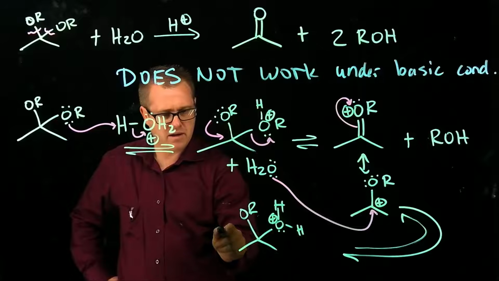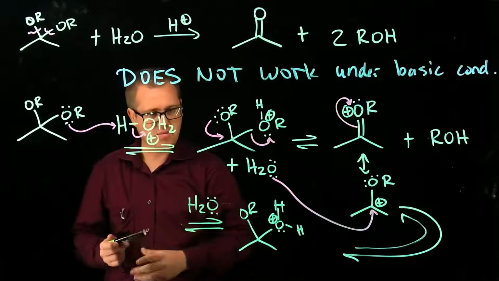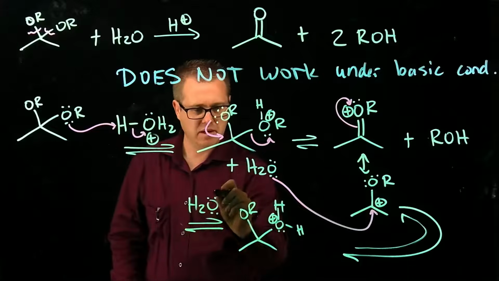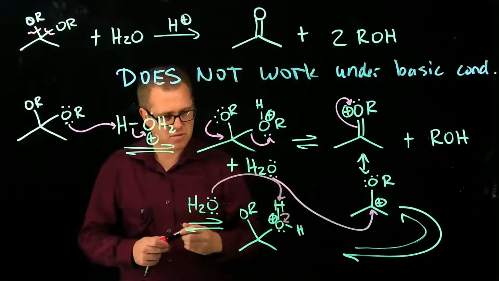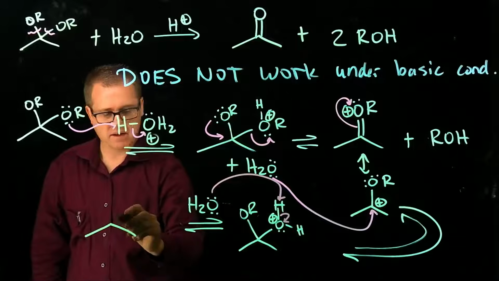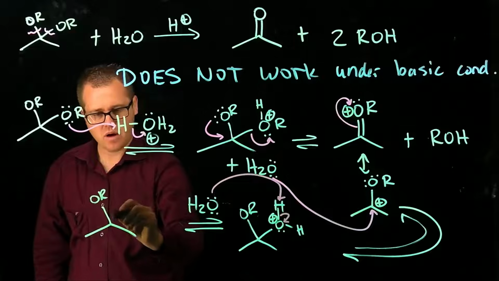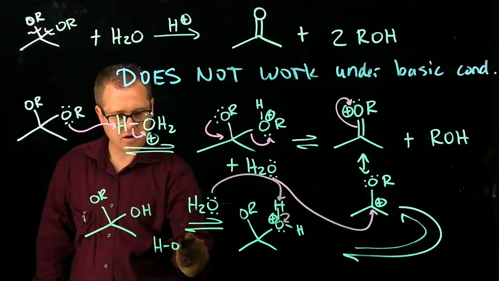So we have what? A lot of water hanging around. So that's going to be our base that will come in and abstract one of those protons. That will give us OR, OH, plus our hydronium.